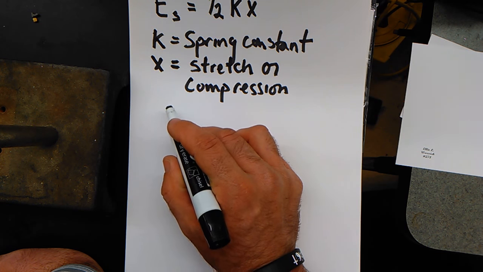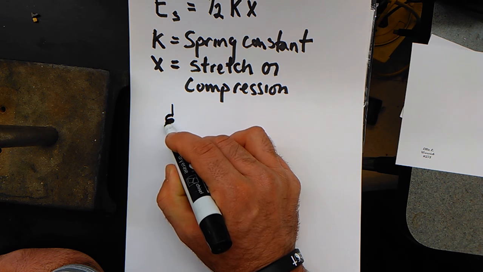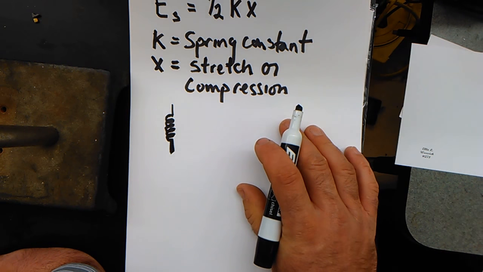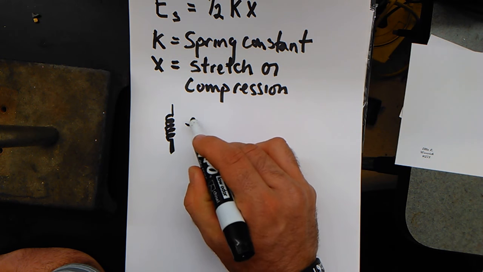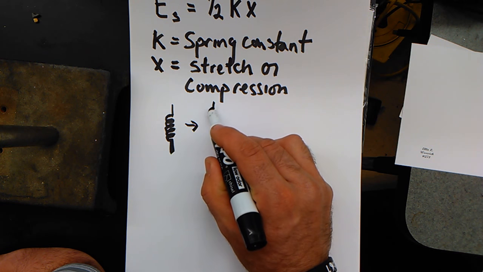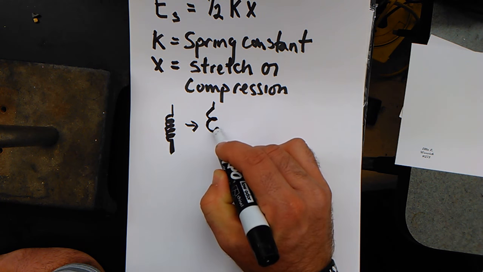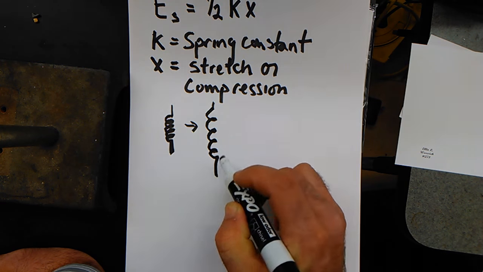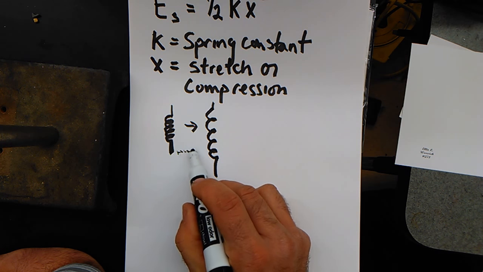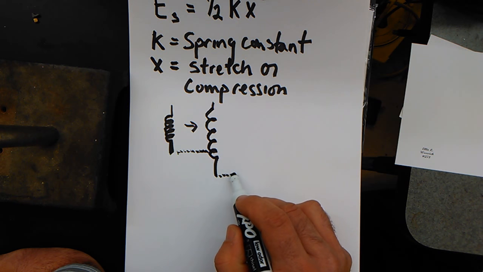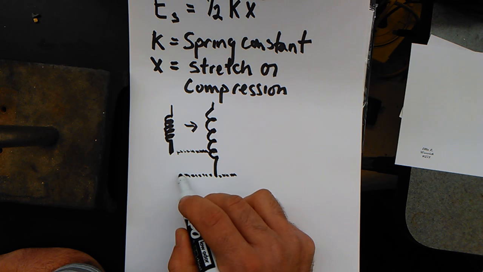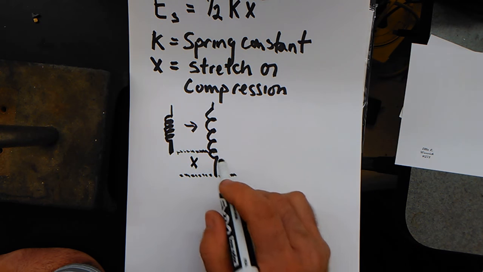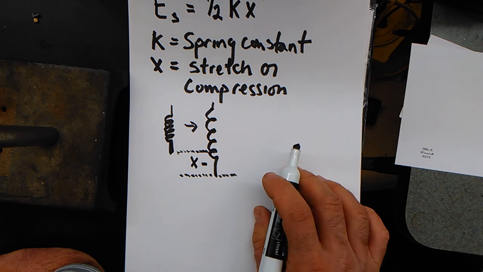So stretch, let's say the spring started out looking like this, and then it stretched to look like this. If you look at it, the distance that it stretched, or the x value, is here. That's how much it stretched by.